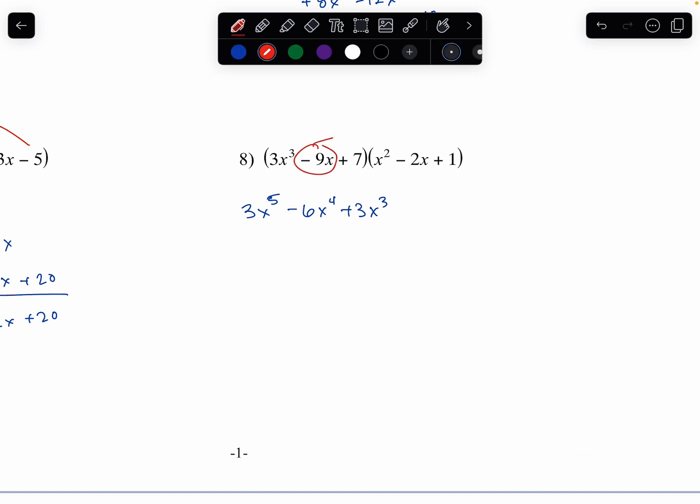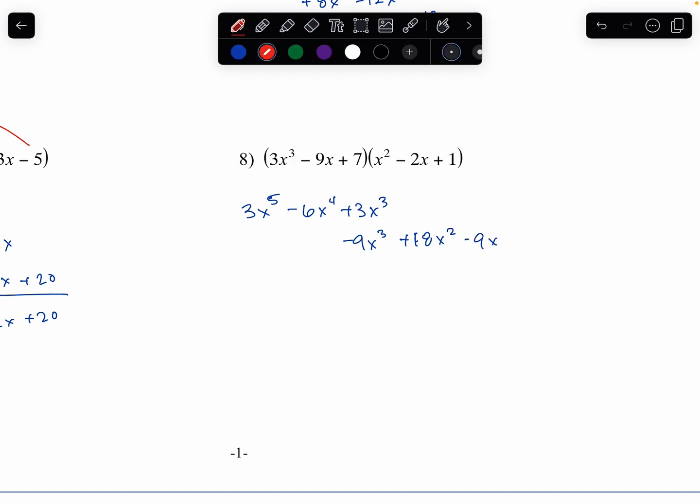Then negative 9x, distribute that through, so negative 9x times x squared is going to be negative 9x to the third, and then negative 9x times negative 2, that's going to be plus 18x squared, then minus 9x.